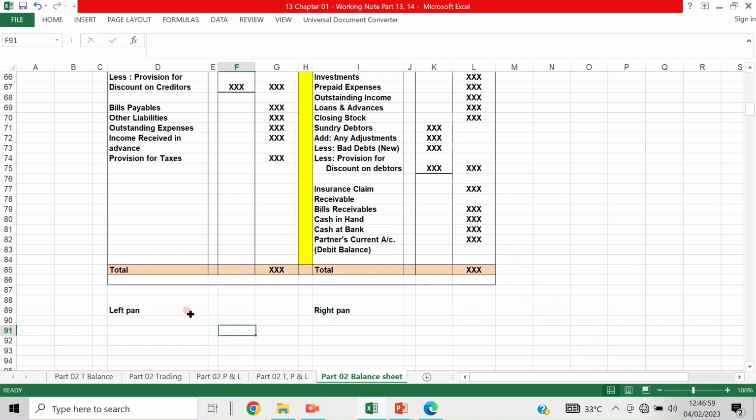Suppose if we put 100 here and 99 here, it will not match the balance; the left side will be more. Even if it is 99.9, it will not match. It should be 100. It should be equal. Like that it is.